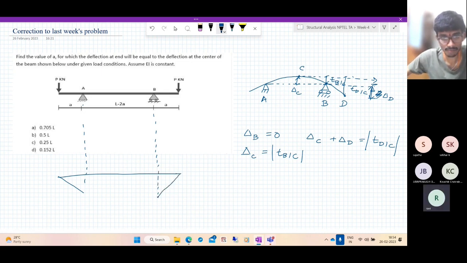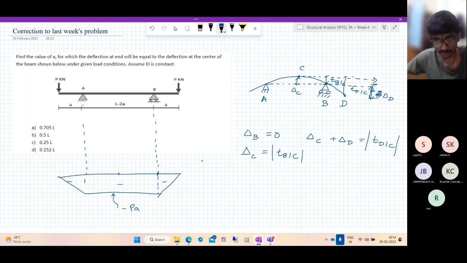At this point, what is the bending moment? Minus P into A, and this side it's the same. So they are connected by a straight line. So here it is minus PA. Now what is TB with respect to A? Yeah, another thing from these two, right?